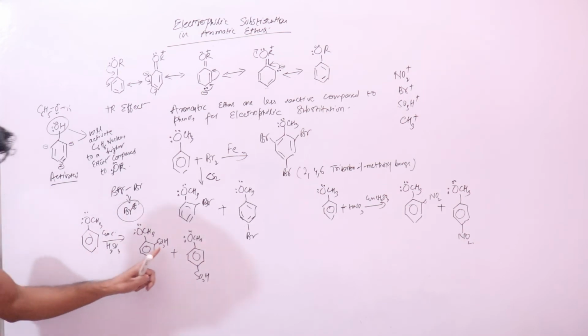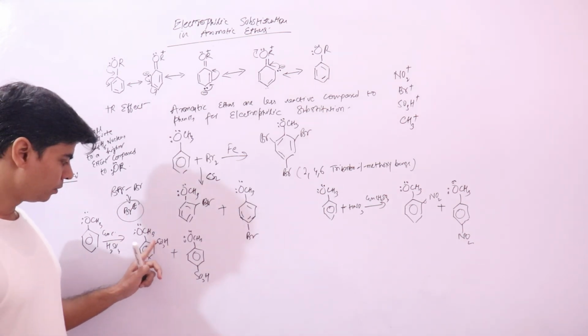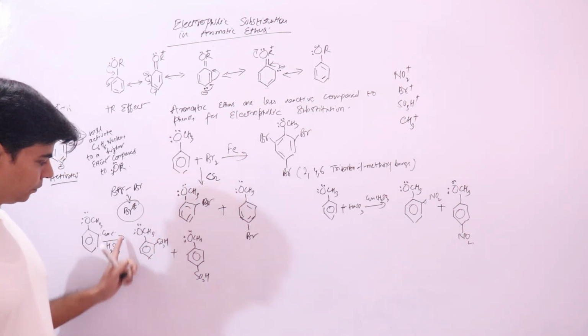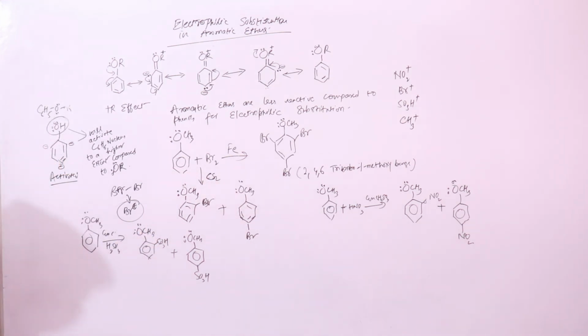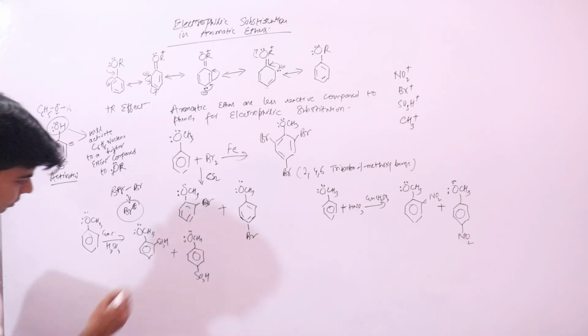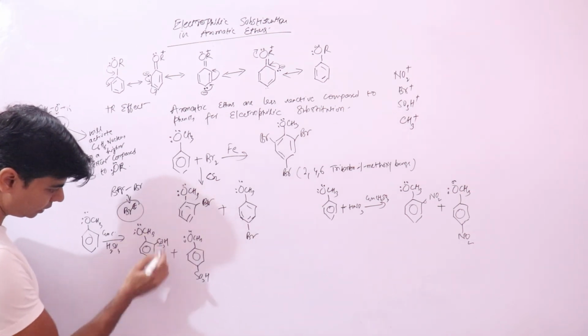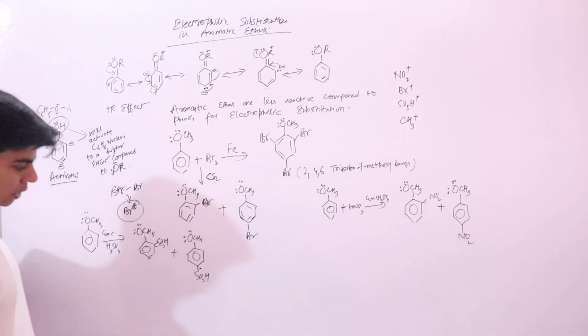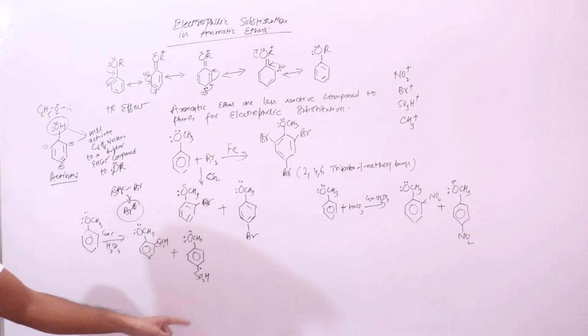This is ortho sulfonic, right? The sulfonic group is at the ortho position. So the name of the compound would be ortho anisole sulfonic acid, and this is your para anisole sulfonic acid, right?